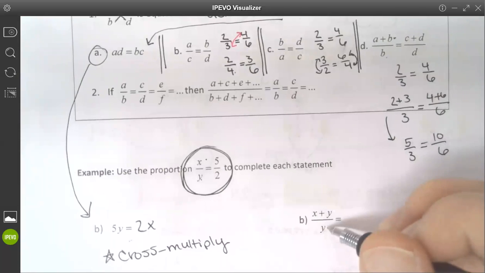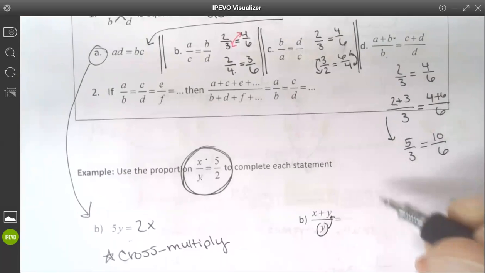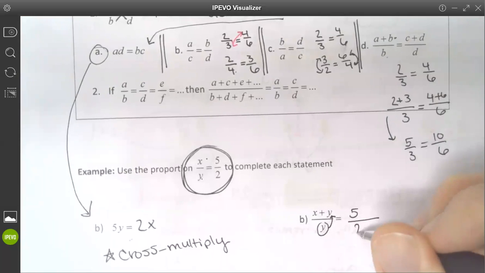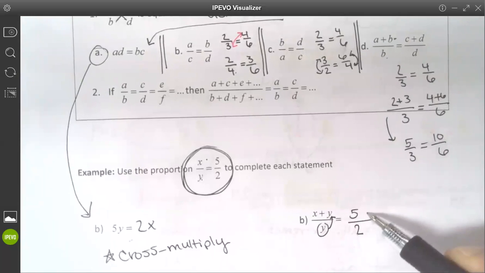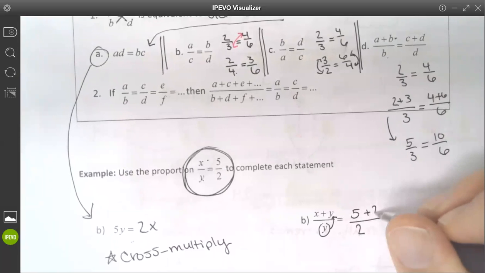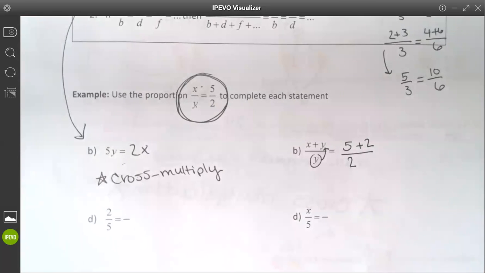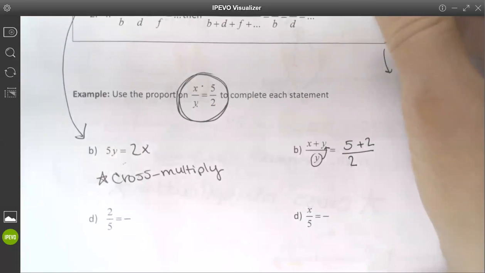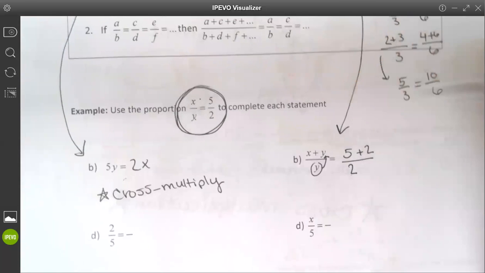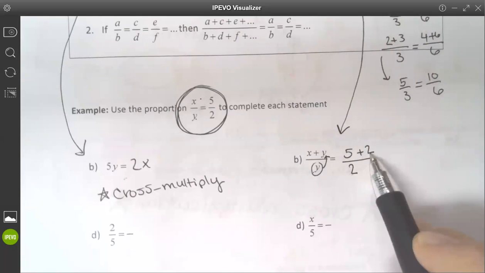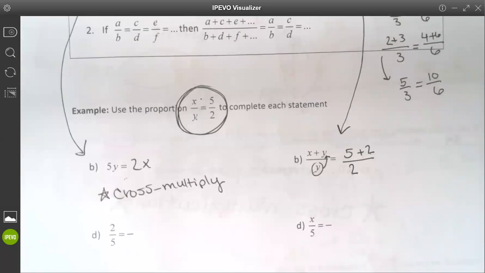What this one's doing is taking the denominator and adding it to the numerator. If I do the same thing over here, take my denominator and add it up top, I could have written that it's equal to 7/2. That's property D: if I add the denominator on one side, I can add the denominator on the other side and it would stay equal.